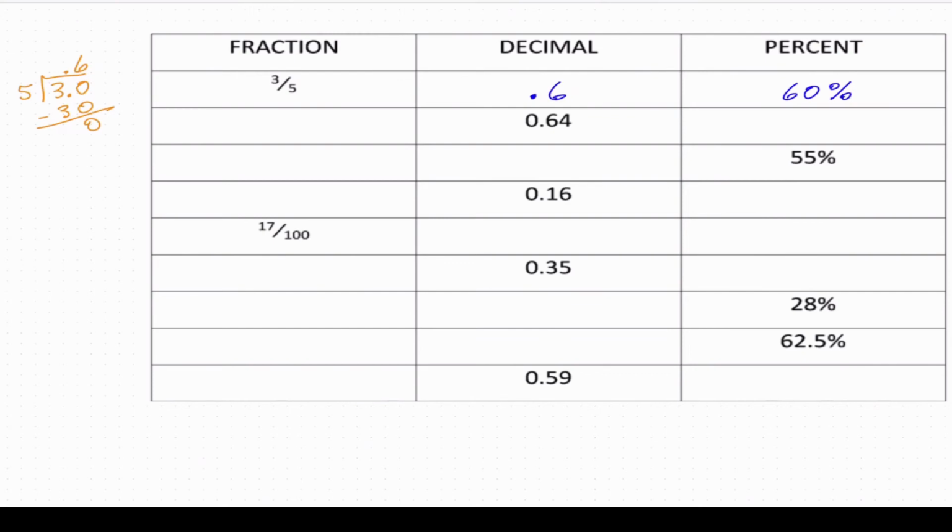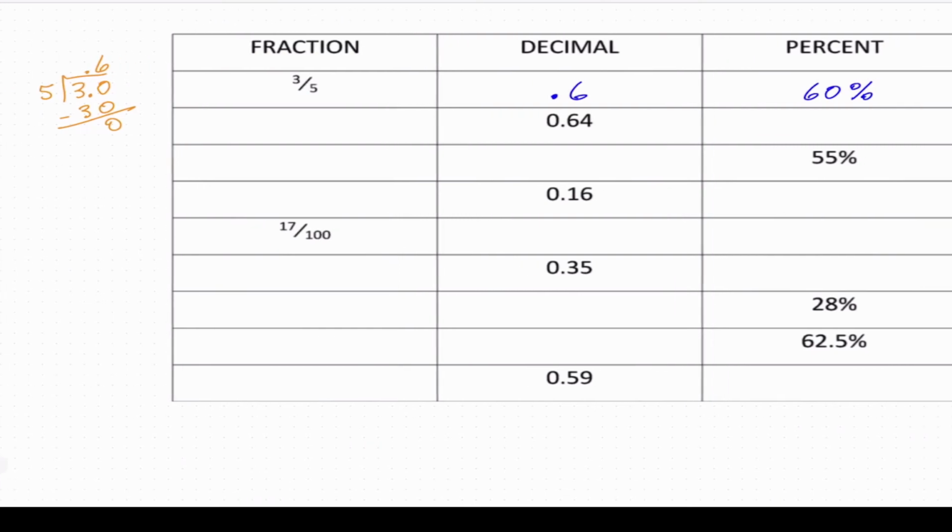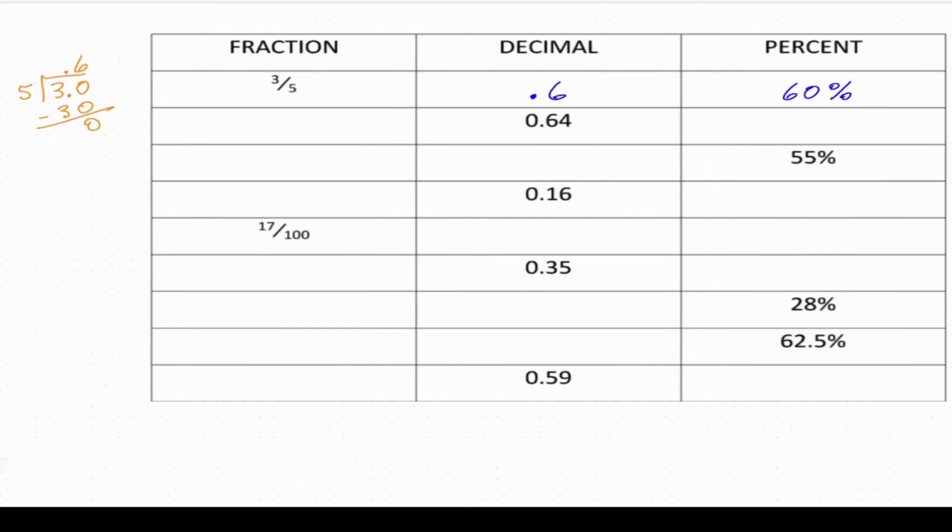The next one we have is 0.64, so we can change that to a percent by moving the decimal two places to the right, and then it would be 64%. Remember, changing a percent to a fraction, we can just put it over 100, so that would be 64 over 100. Let's look at the next one, 55%.